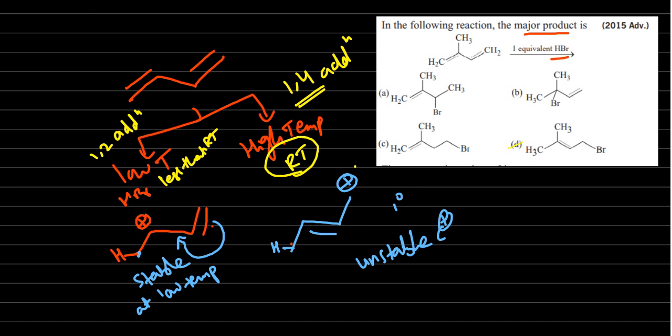So it will be 1,4 addition here, because low temperature means the 1,2 addition takes place at approximately 0 degrees Celsius. Okay, so the answer is D, 1,4 addition takes place.